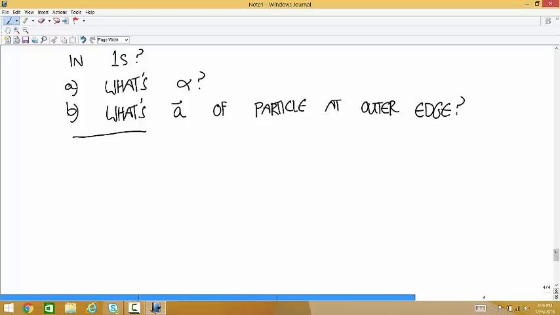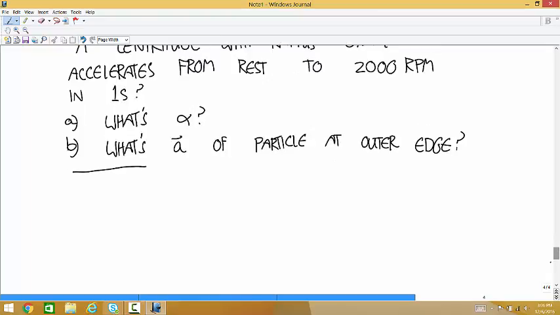All right, so to figure out the angular acceleration, we can use the equation that says angular velocity final is equal to angular velocity initial plus angular acceleration times time final. I have to convert 2,000 RPM into radians per second first.